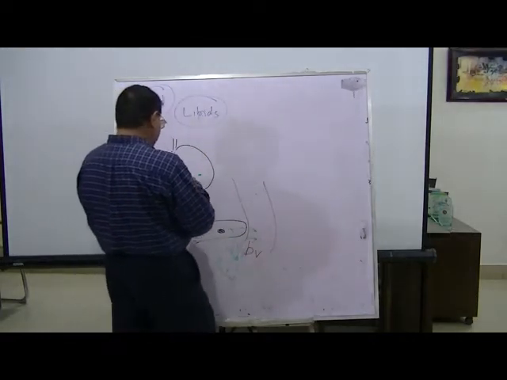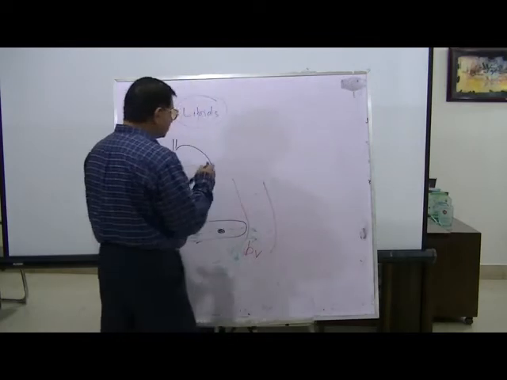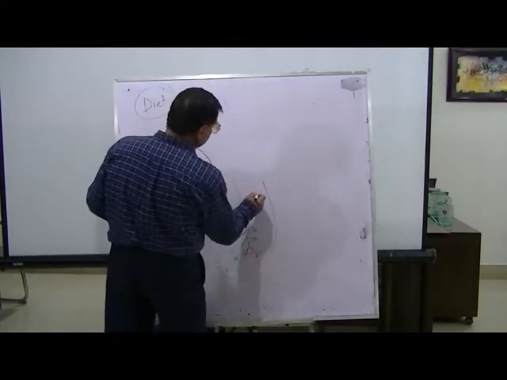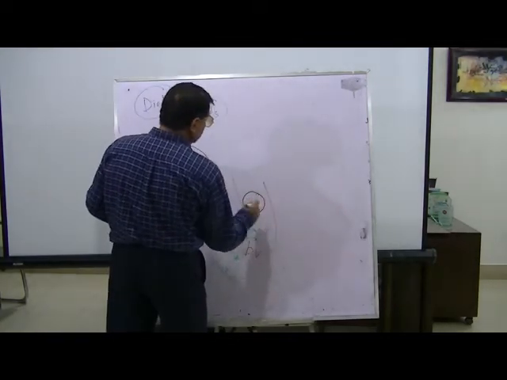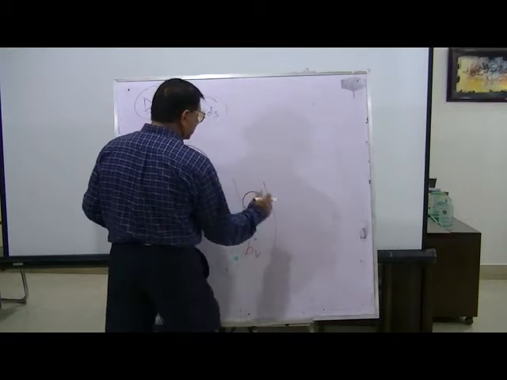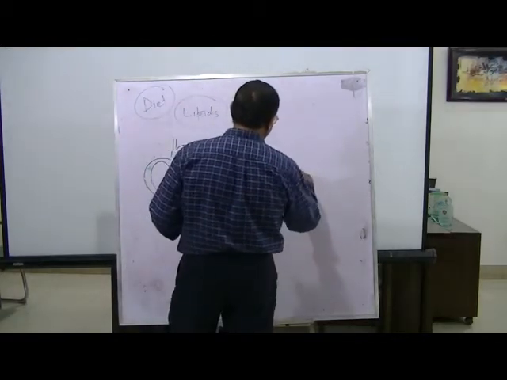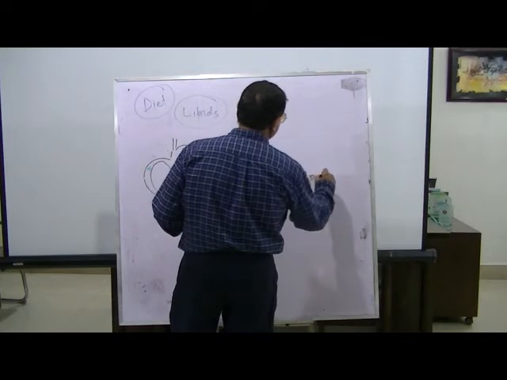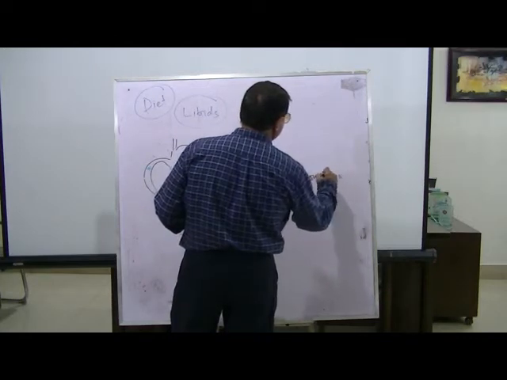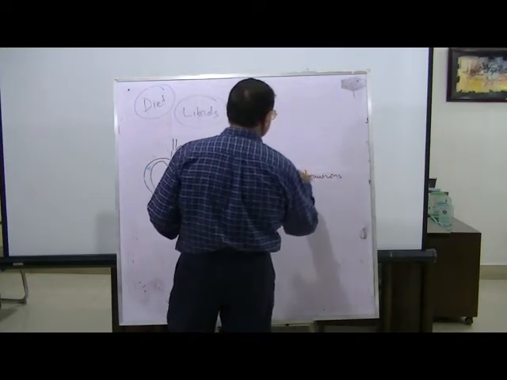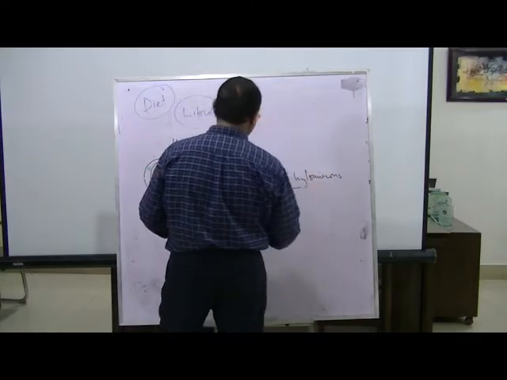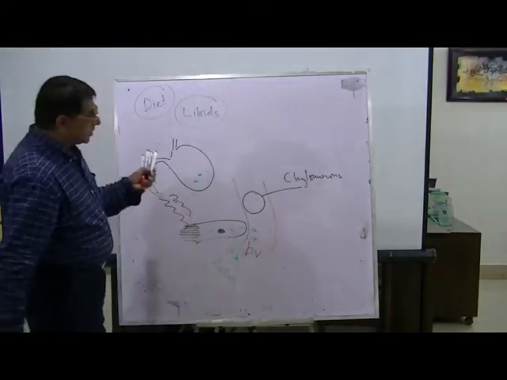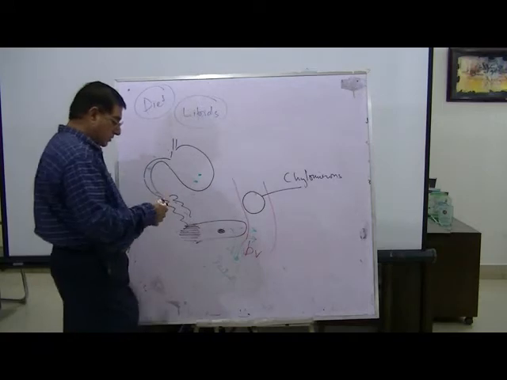Now in the blood vessel you have got a lipid portion taken from the diet, called chylomicrons. That one absorbed from the intestine is called a chylomicron.